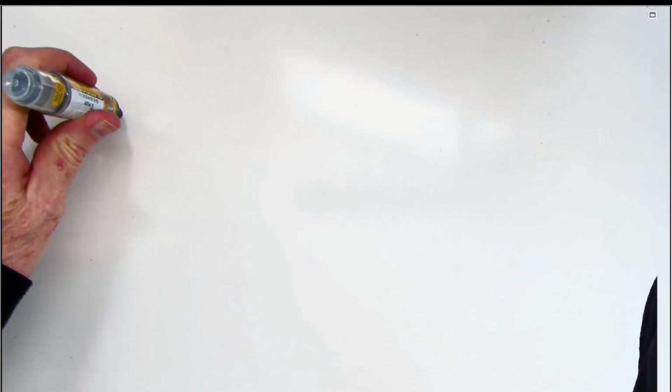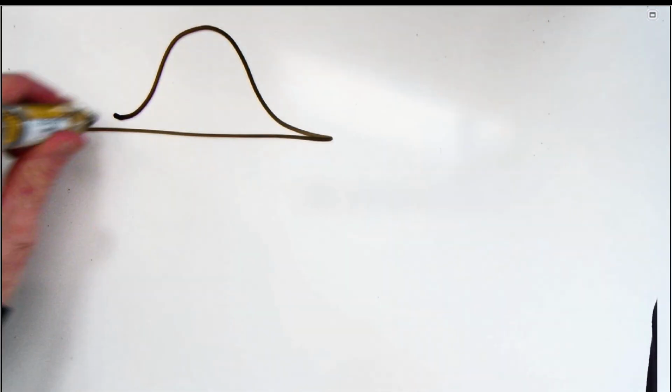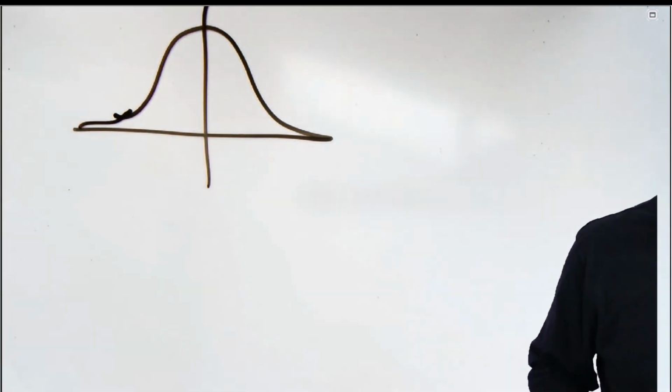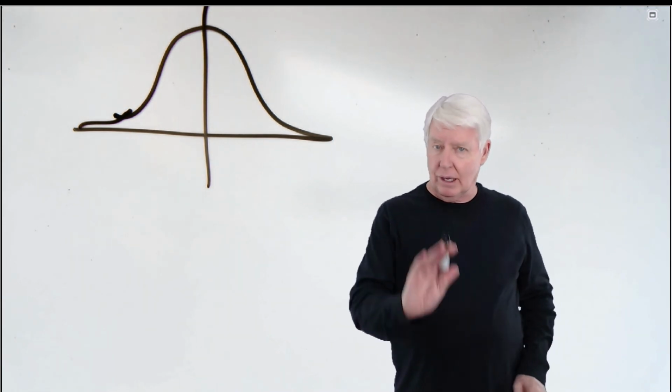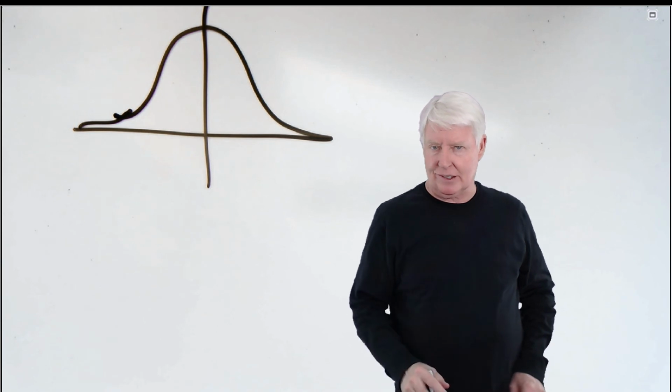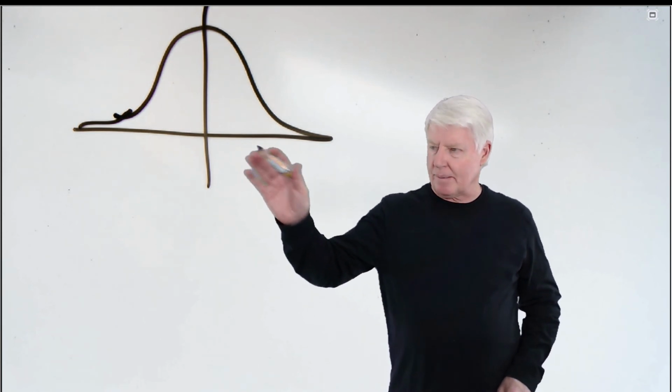Okay, so we have this sigma, or this distribution of the process. As you'll recall, sigma of the process includes what? Sigma of the parts plus sigma of the measurement system, right? So this is sigma of the process.